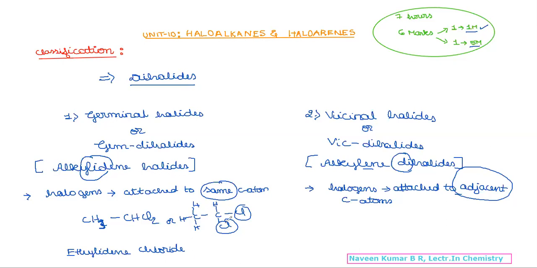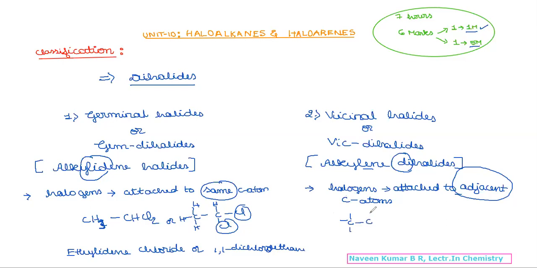The halide present is chlorine, hence chloride: ethylidene chloride. Its IUPAC name, since both are attached to the same carbon, is 1,1-dichloroethane.